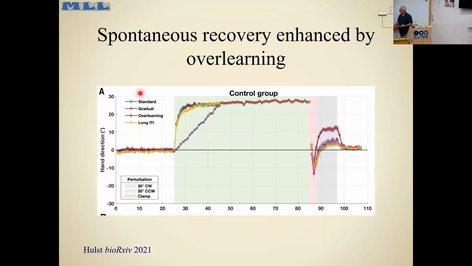In fact, what you see here is that the overlearning really does produce this. If they keep practicing for much longer than the other groups, they really do have much more spontaneous recovery, much more slow state built up, apparently. That'd be cool, right? Wouldn't that be awesome?